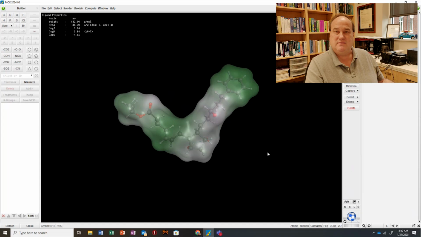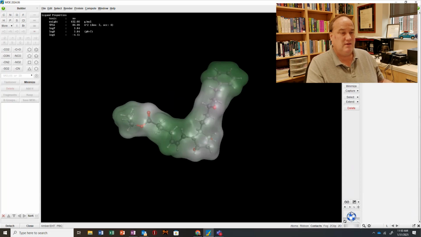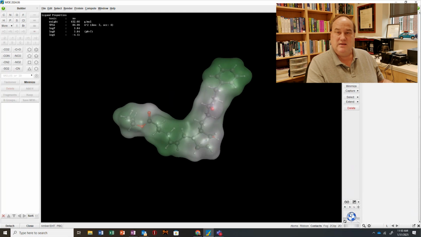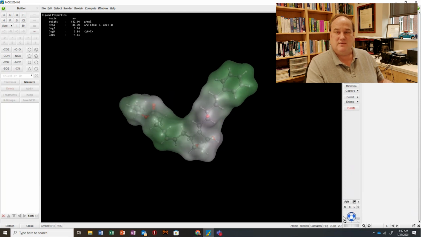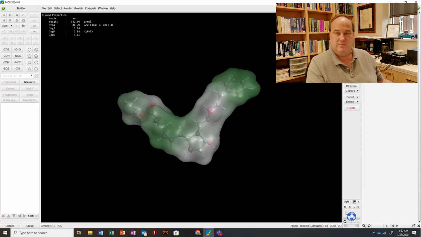It still needs to be fairly lipophilic to cross the membranes that form a barrier to be able to get into the cell so it can do its job. So we have a fairly lipophilic drug. We see lots of green, and this molecule has a high bioavailability.